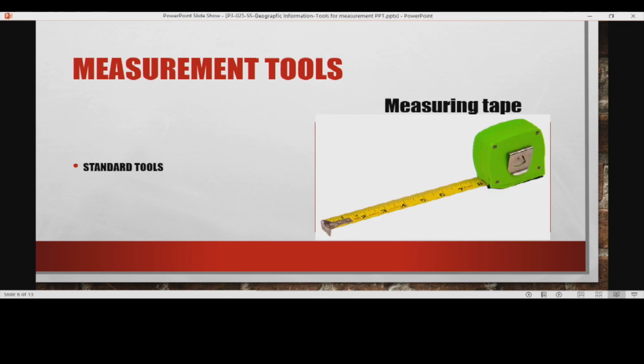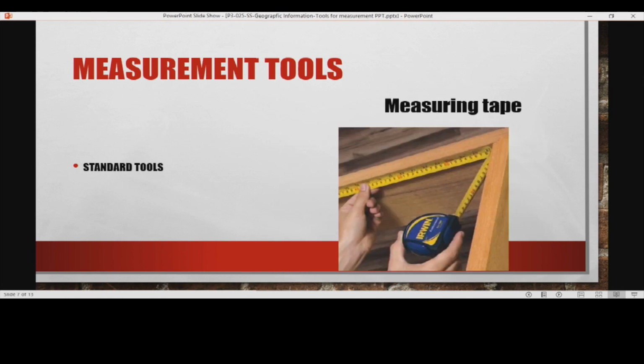Measuring tape. We use a measuring tape to measure objects in the home. And the good thing about a measuring tape, it's flexible. So you see, we can measure around corners because a measuring tape will bend.